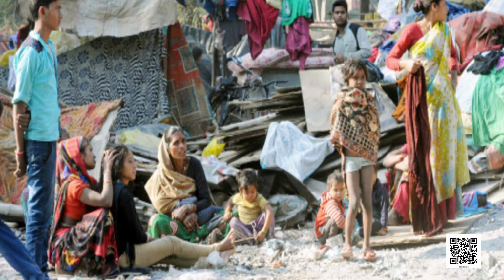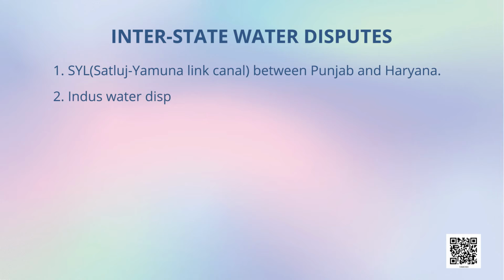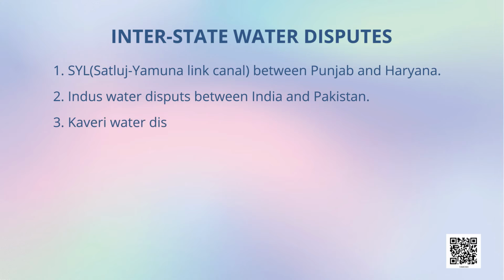Students, here we discuss a list of interstate water disputes. Number 1, Satluj-Yamuna Link Canal between Punjab and Haryana. Second is the Indus water dispute between India and Pakistan.